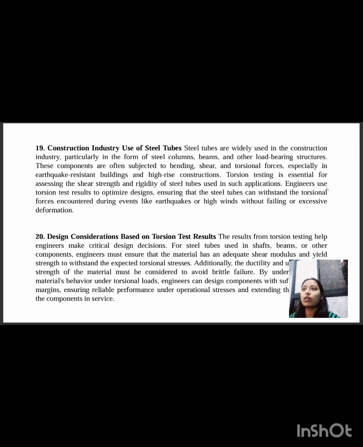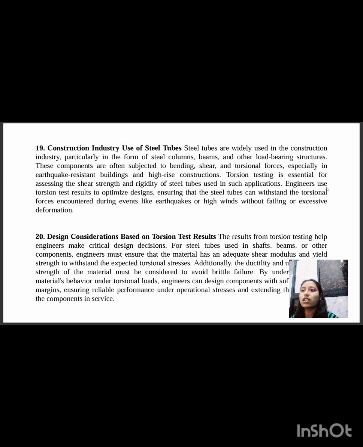These components are often subjected to bending, shear, and torsional forces, especially in earthquake-resistant buildings or high-rise construction. Torsion tests are essential for assessing the shear strength and rigidity of a steel tube used in such applications. Engineers use torsion test results to optimize design, ensuring that the steel tubes can withstand the torsional forces encountered during events like earthquakes or high winds without failing or undergoing extensive deformation.